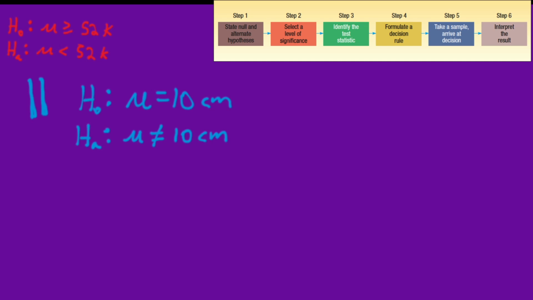In our mean income, the statement was the mean income was greater than or equal to 52,000, or at least 52,000. And so that included all values above 52,000. Here, our null is about 10 centimeters. And so that means that anything that gives us evidence that it's not 10 centimeters in either direction would give us evidence towards rejecting the null.